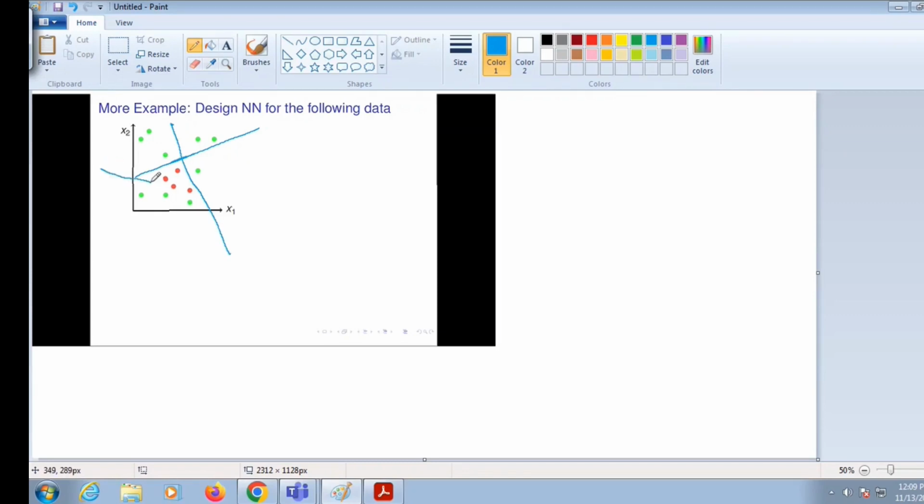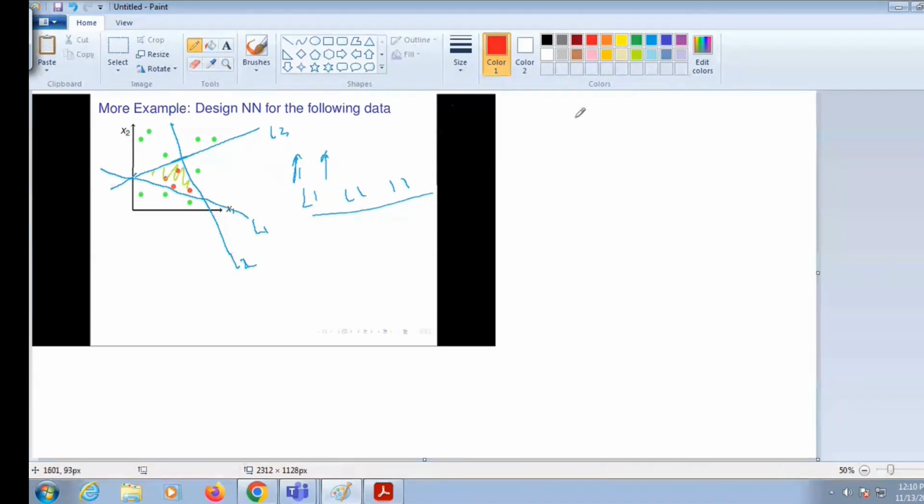Let's assume that I draw 3 lines, line 1, line 2, line 3. I can develop a logic of whether the item is above line 1, or above line 2, line 3. To be a negative item, the item should be here. What does it mean?